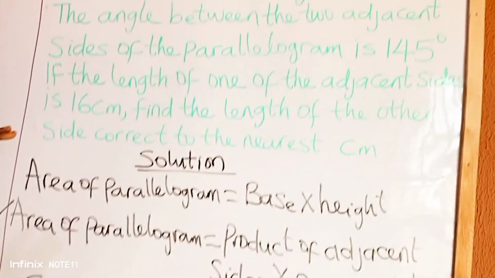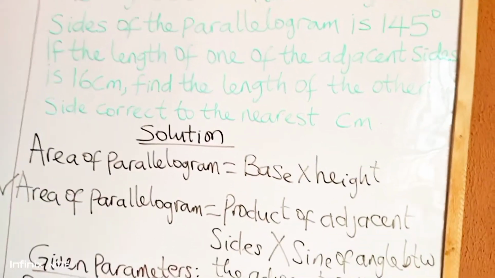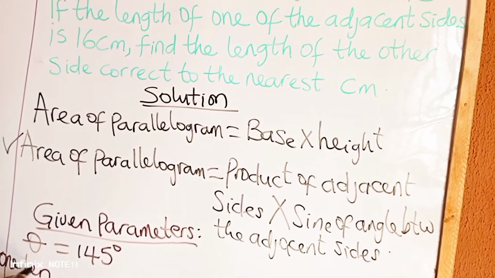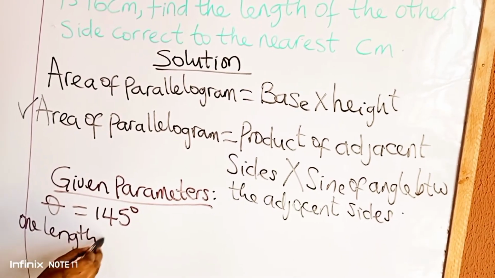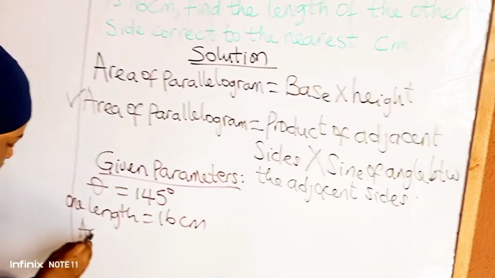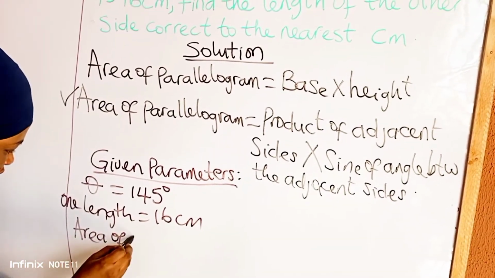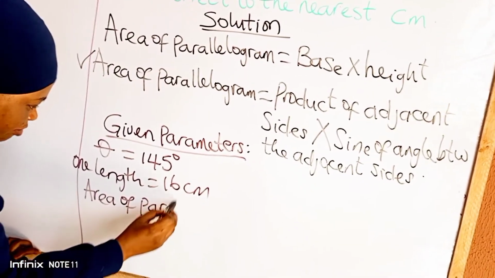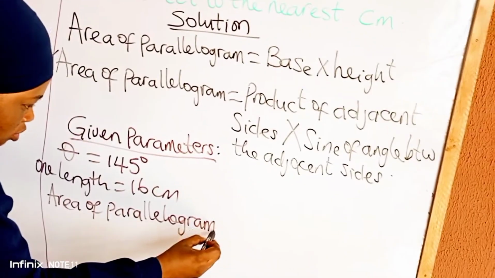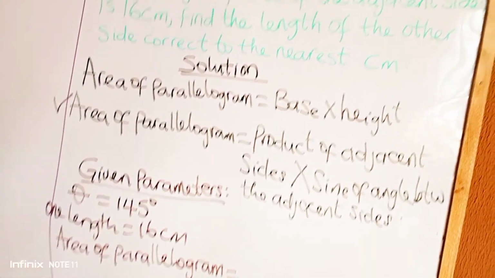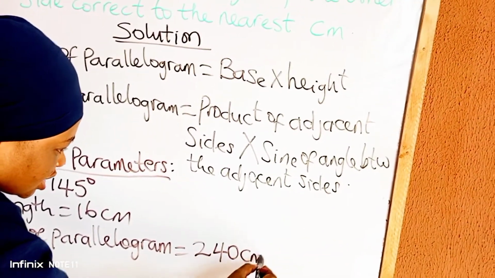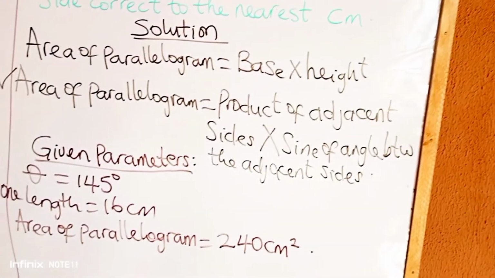Also, one of the sides, one length, is equal to 16 centimeters. Then the area of the parallelogram was given to be equal to 240. So you have to understand all those things.